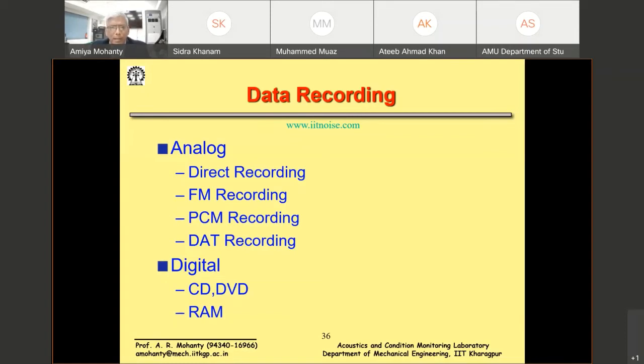And this magnetic tape recording gave way to frequency modulation recording. These were all analog. And then, of course, came the pulse code modulation recording and the digital audio tapes. Because these are the analog recordings.